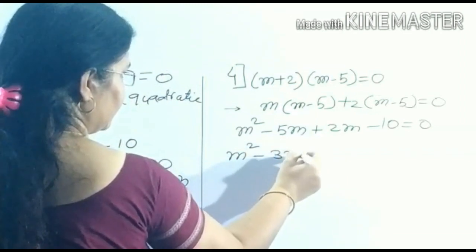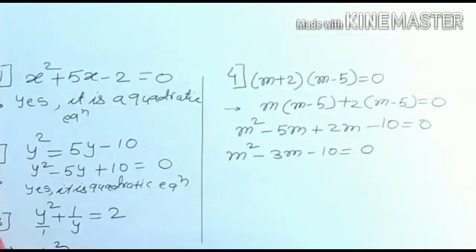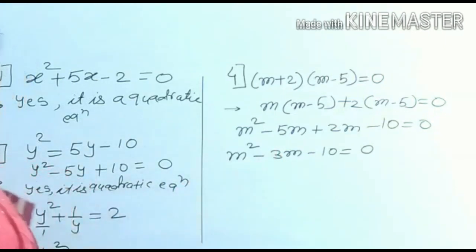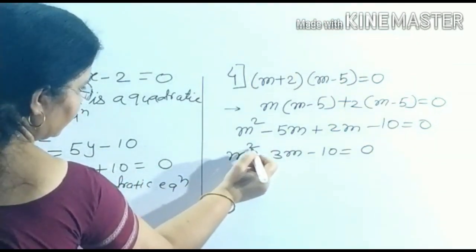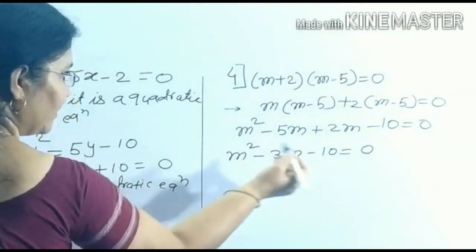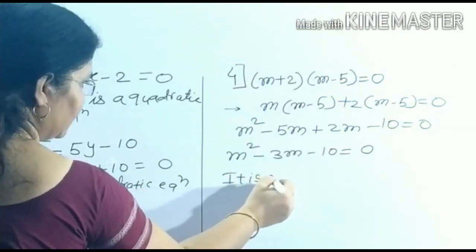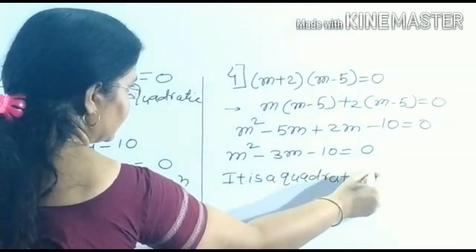Minus 3m minus 10 is equal to 0. Now it is in the format ax square plus bx plus c. The maximum index is 2 and only one variable is present. So it is a quadratic equation.